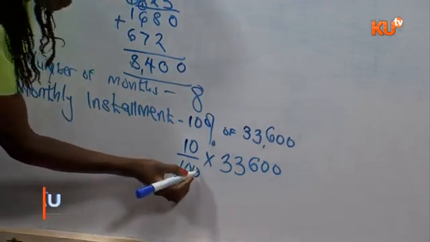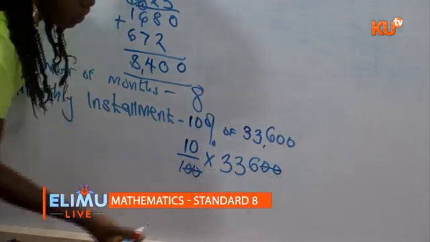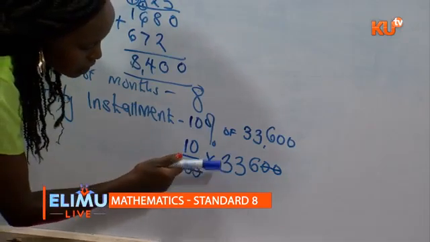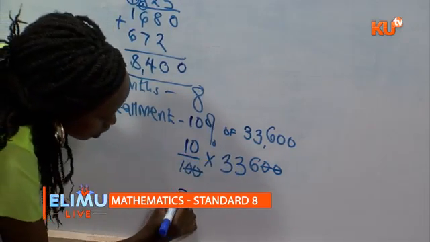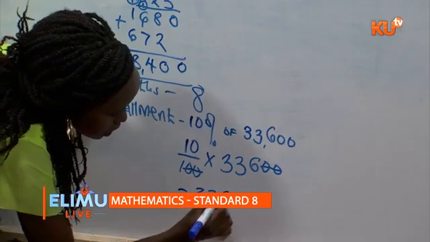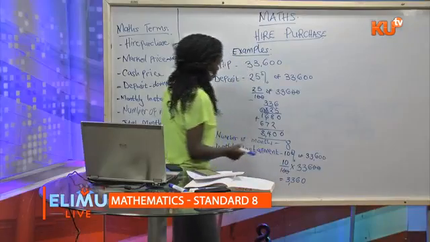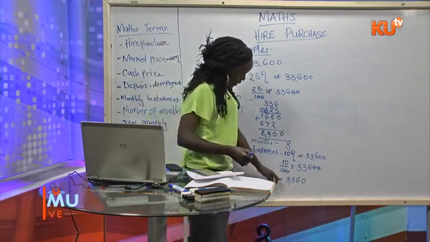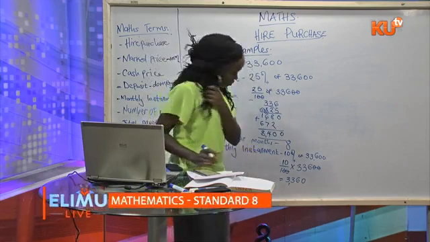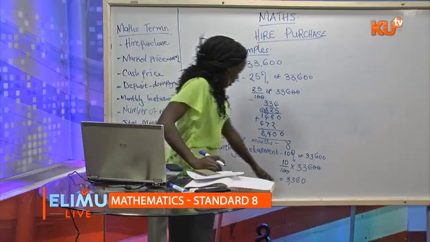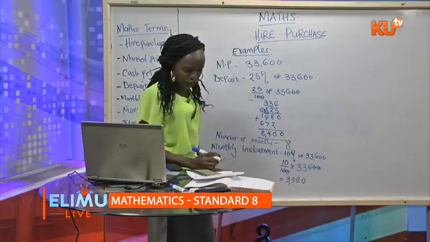So we cancel. We are multiplying by powers of 10. So this is 336 times 10. We get 3,360. Now this was the monthly installment, not the total monthly installment.